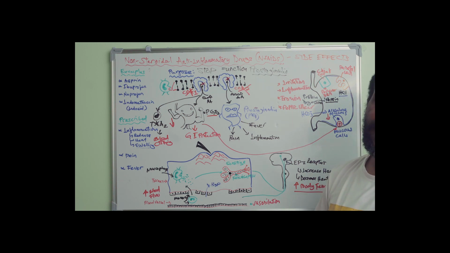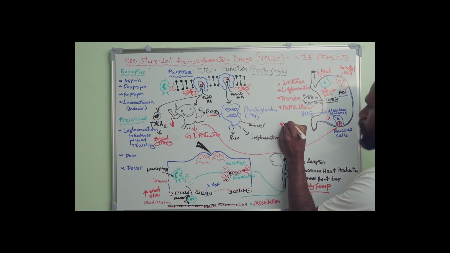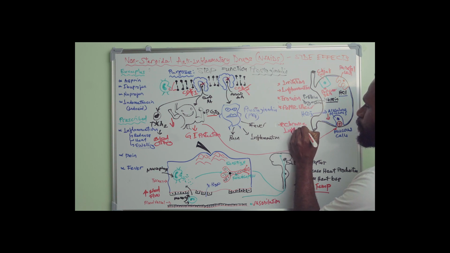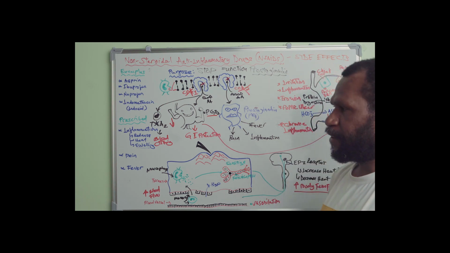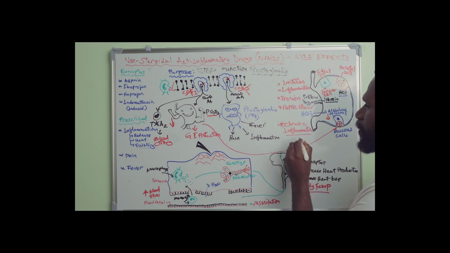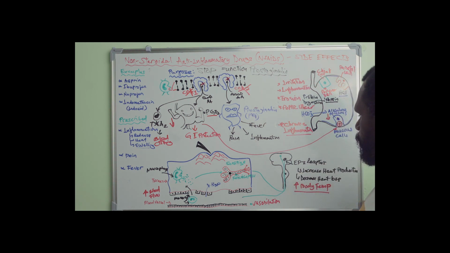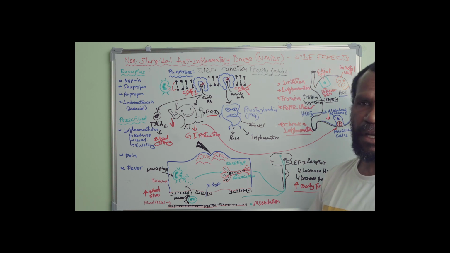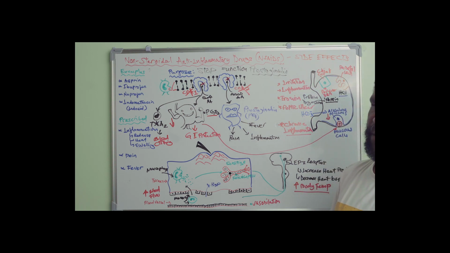But if you are going to take NSAIDs for chronic inflammation for an extended period of time, then this is a problem now. So in the next video, I will talk about what you can do when you have a chronic inflammation.